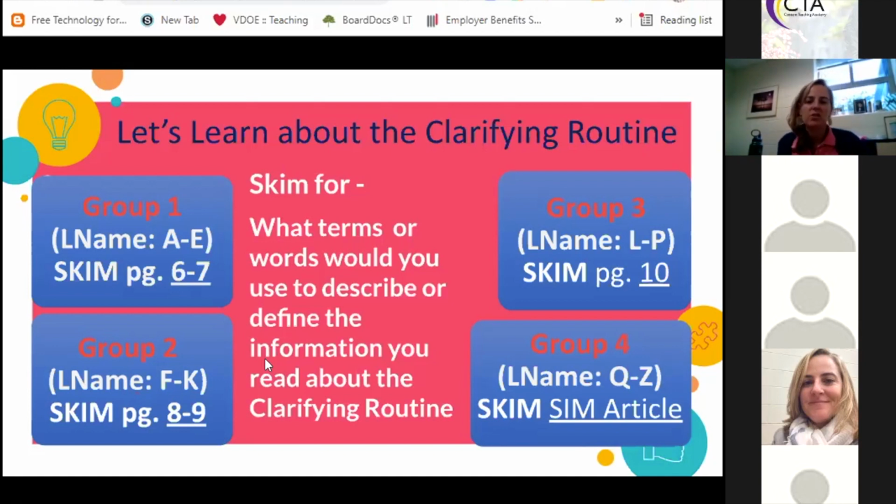I just want you to have a general idea. Group 3, L through P, is going to do the same thing on page 10. And those of you with Q through Z, you're going to read a summary article on the clarifying routine. Does anybody have a question on what their task is right now?